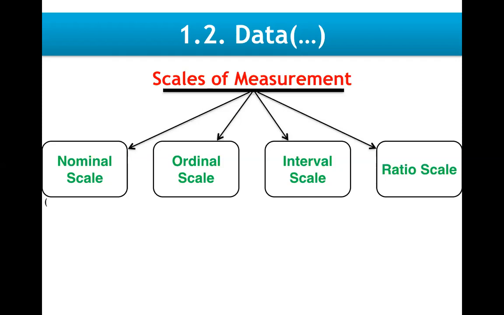Each customer provides a repair service rating of, let's say, excellent, good or poor. Because the data here are the labels excellent, good or poor, the data have the properties of nominal data.